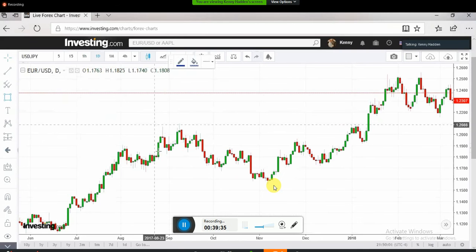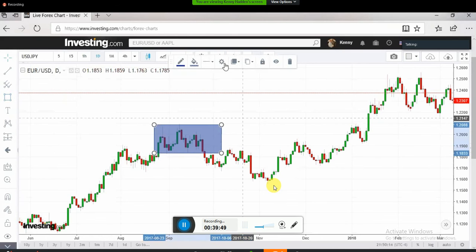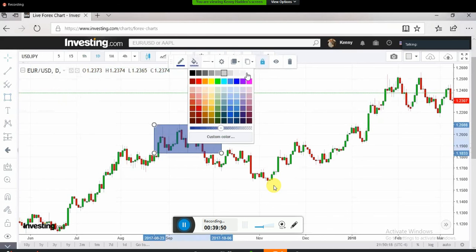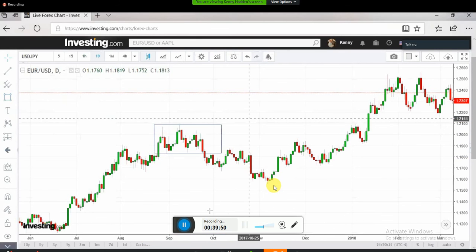Here goes the idea. So you have a period of consolidation right here, and it's consolidation because it hits more than like 2 times, right? Got it. So you have this consolidation right here, and then the price breaks down.